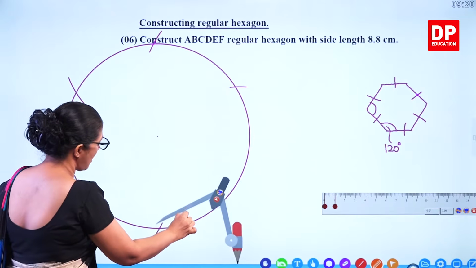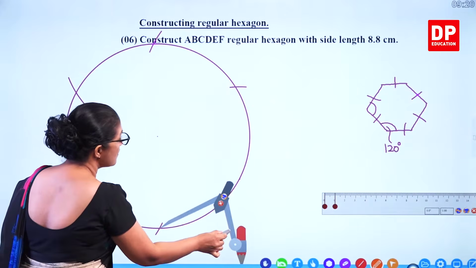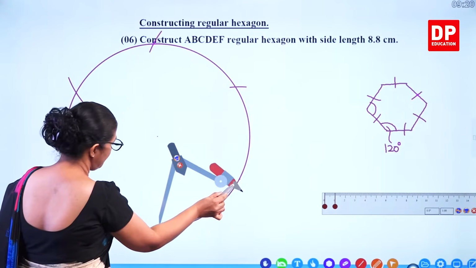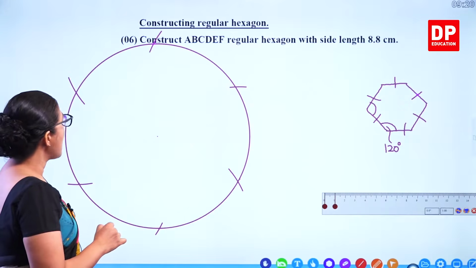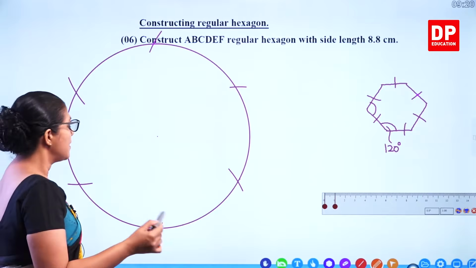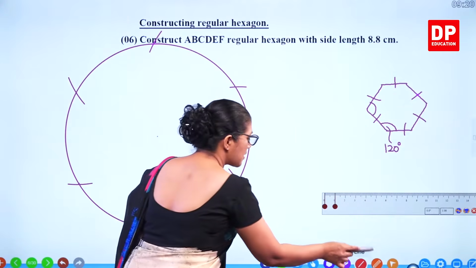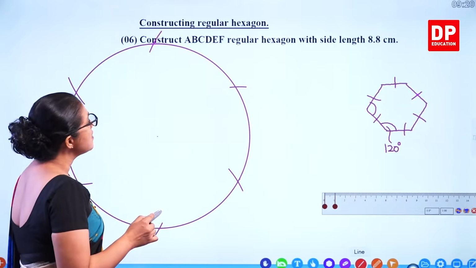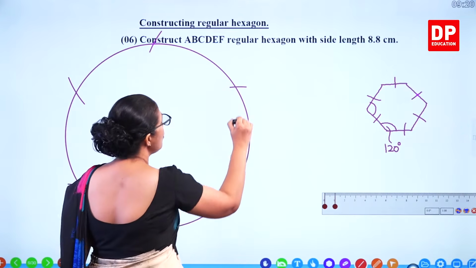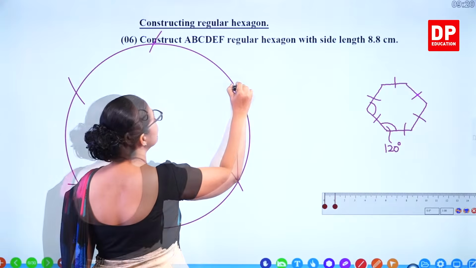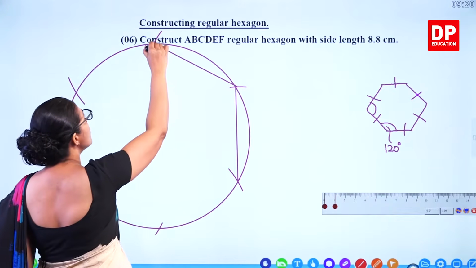So 6 arcs you have to draw. This is the last one. So we have 6 arcs around the circle. Now you can connect the points with the ruler. So here this point to this point. Here to here.